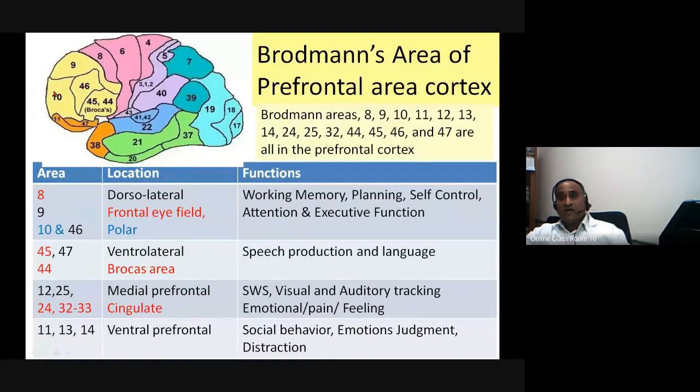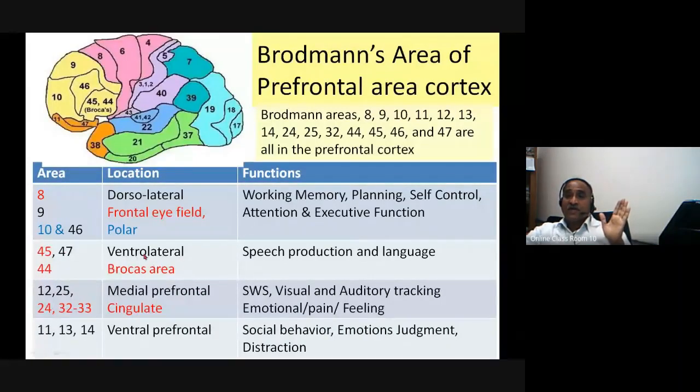10 is the frontal polar area, and this frontal polar area is also concerned with some of the executive functions. Okay, so now comes the area number 44, 45, and 47.